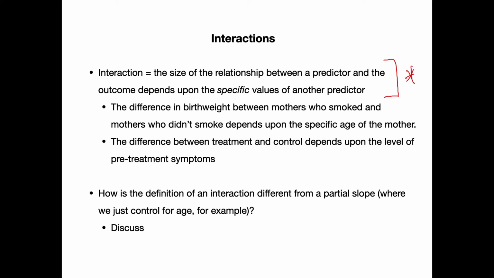Interaction: the size of a relationship between a predictor and the outcome depends upon the specific values of another predictor. To put this in the words of the example, the difference in birth weight between mothers who smoked and mothers who didn't depends upon the specific age of the mother. So if this is age and this is birth weight, the size of that difference is related to the specific age.